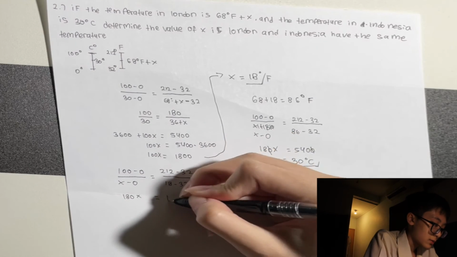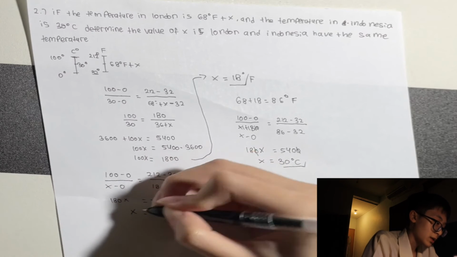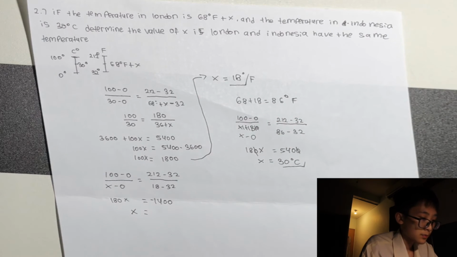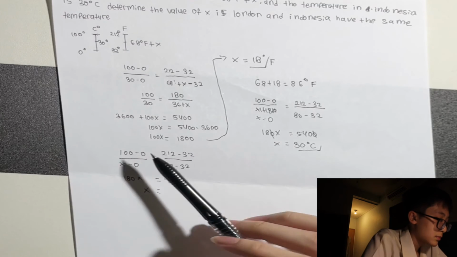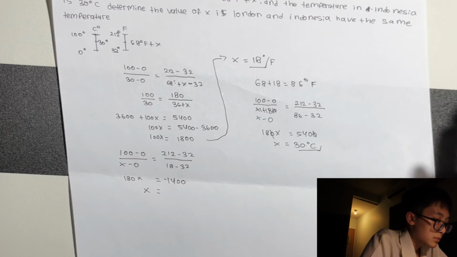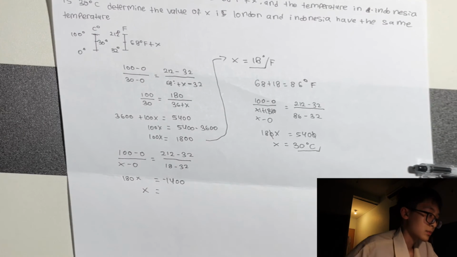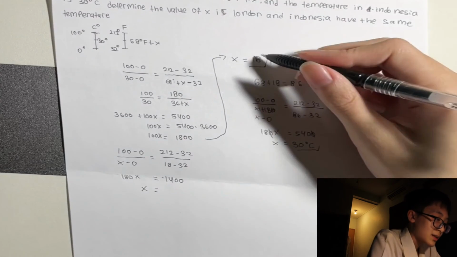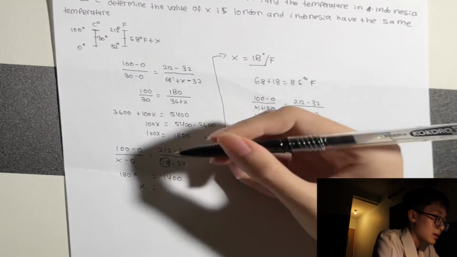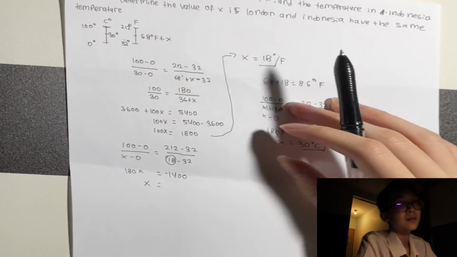This one will become 1400. I think there's something wrong. Wait. Sorry, I put this one 18 degrees Fahrenheit right here. The freezing point is 32 degrees, so I cannot input 18 over here.